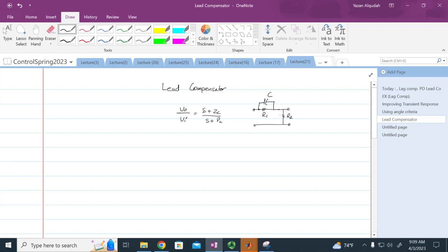And you can derive these in terms of R1 and R2. Can anybody tell me how is this circuit a high-pass filter? Or is this circuit a high-pass filter?